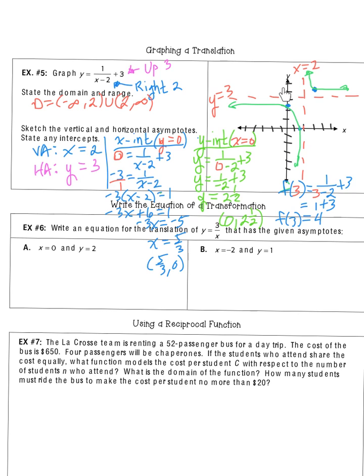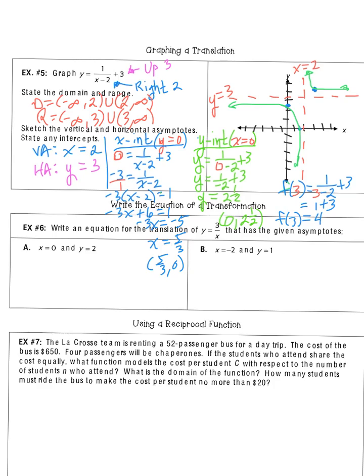That fence is at 3, and then I keep going to positive infinity. So my range is going to be negative infinity to 3, union 3 to positive infinity. So note that your vertical asymptote of 2 is affecting your domain. Your horizontal asymptote of 3 is affecting your range.